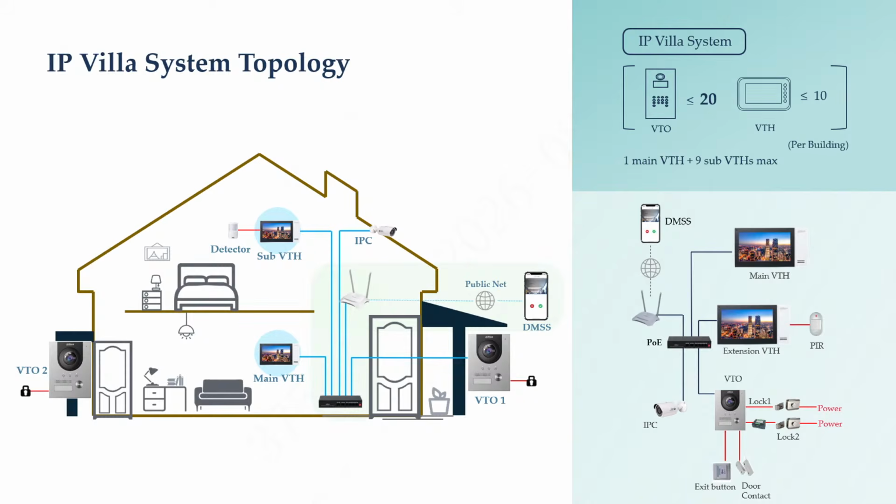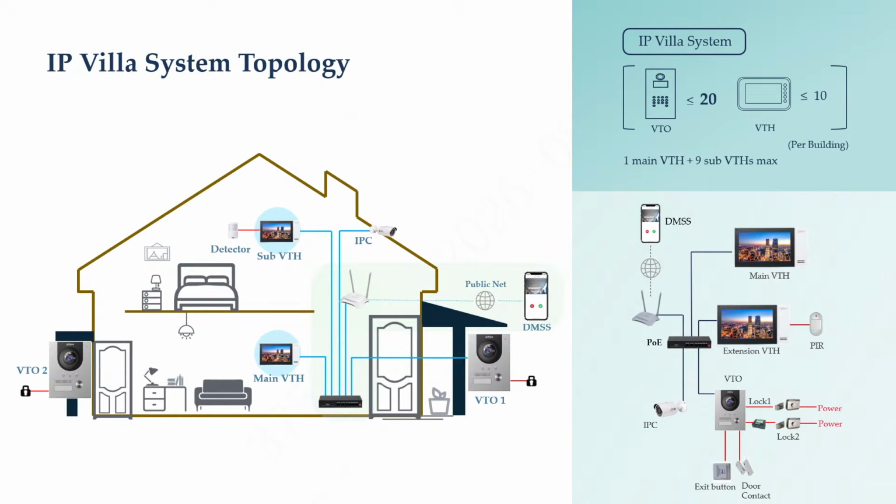Devices are PoE supplied. You can open the door. You can use your DMSS to manage if you are not at home. Also, IPC can be integrated. VTH, with a limitation, can decode the IPC stream. And in this solution, you can have one main and 9 sub VTH in only one flat, and you can also have a maximum of 20 VTOs, one main VTO and 19 sub VTO at the same time.